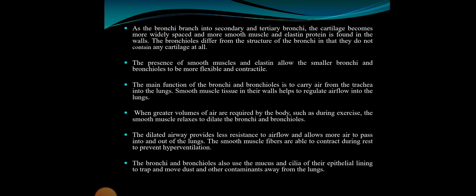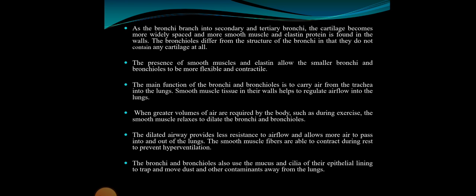The presence of smooth muscle and elastin allows the smaller bronchi and bronchioles to be more flexible and contractile. The main function of the bronchi and bronchioles is to carry air from the trachea into the lungs. Smooth muscle tissue in their walls helps to regulate airflow into the lungs.